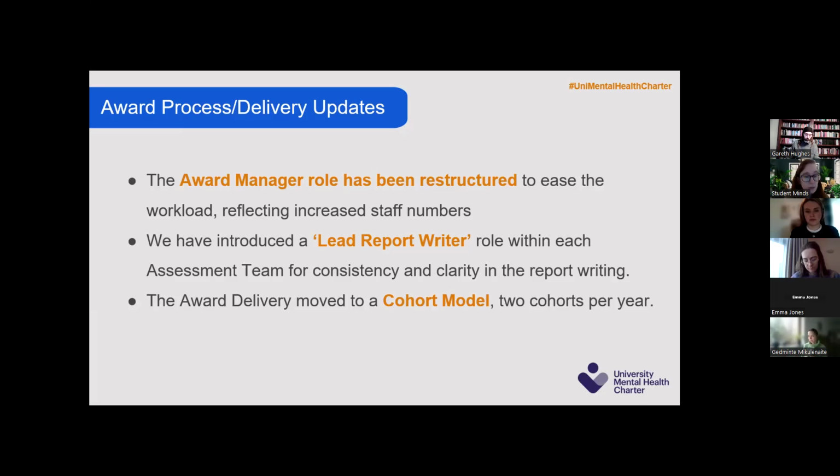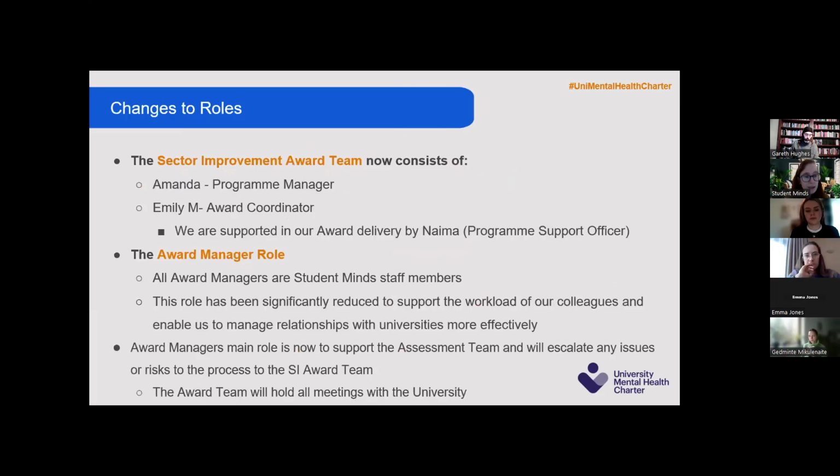So now we'll have 2 cohorts per year. And as Gareth was saying before, our team has expanded a lot. So we now have a little award team within the second improvement team. That is me being the program manager, overseeing the award assessments and developing the award process.